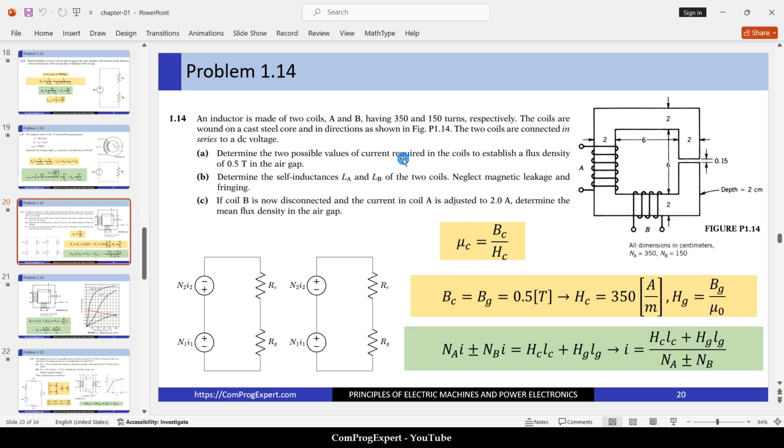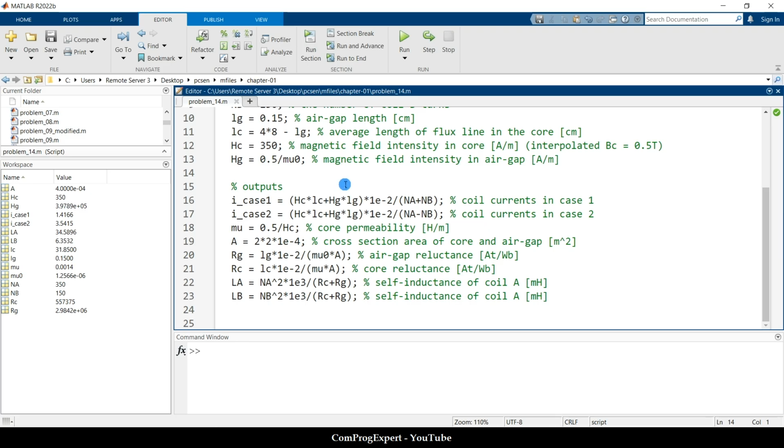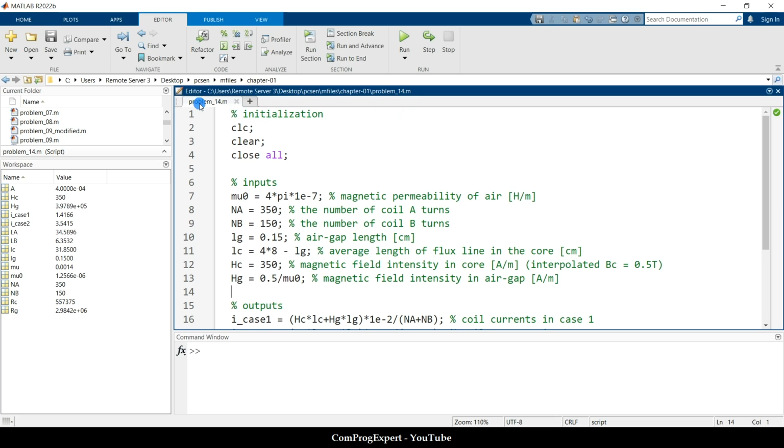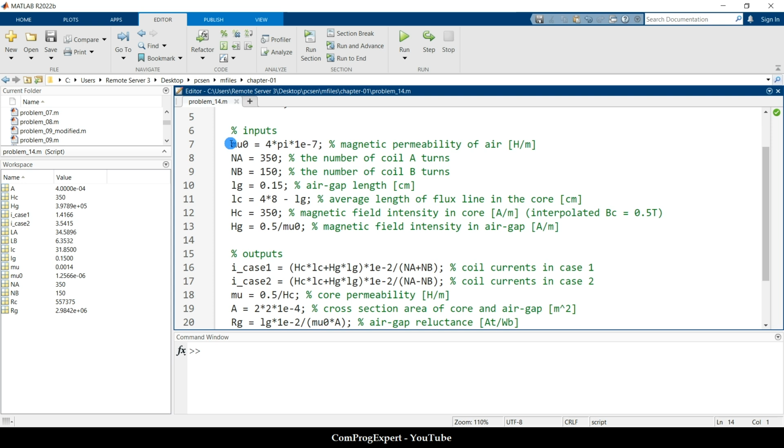So here in MATLAB, we have this M file for problem 14. This is the magnetic permeability of the air. This is the number of turns for the coil A, the number of turns for the coil B, the air gap length.